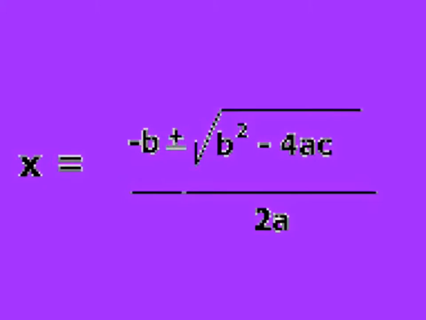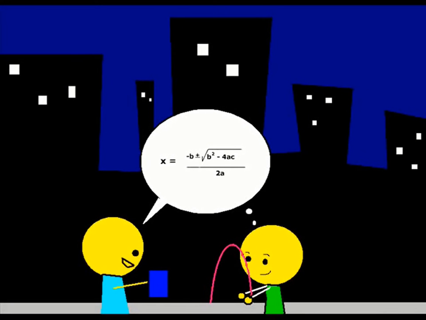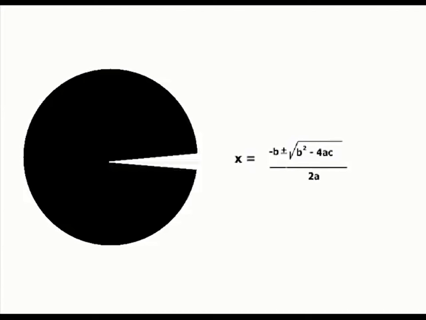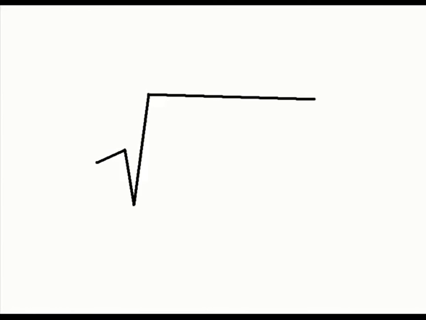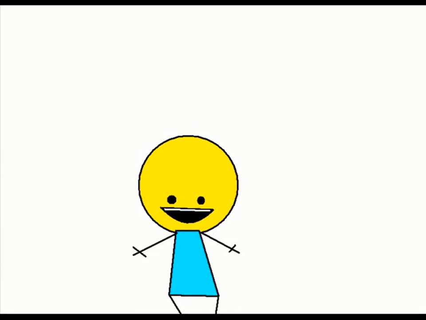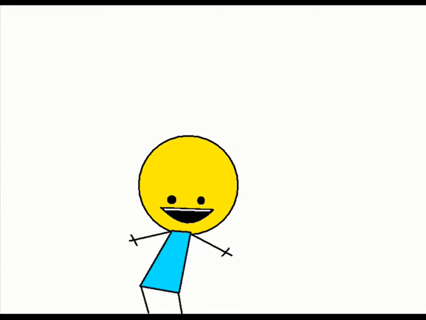Quadratic formula. And it's negative b plus or minus the square root of b squared minus 4ac, all together, over 2a, over 2a, one more time.